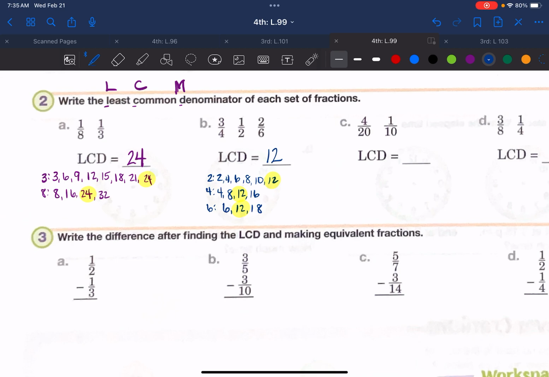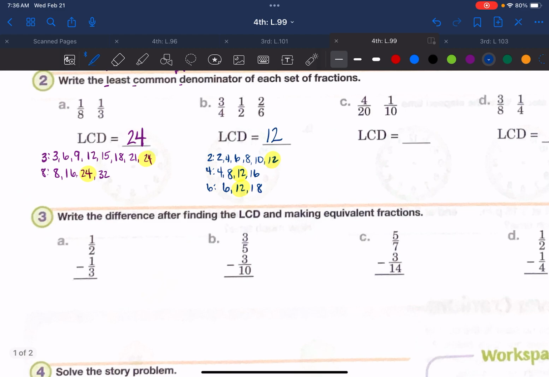All right. So what you just did up above is going to help you with number 3. Because number 3, it says, write the difference. Difference means a subtraction problem. Write the difference after finding the least common denominator and making equivalent fractions. All right, so I'm going to use a different color to help us here.